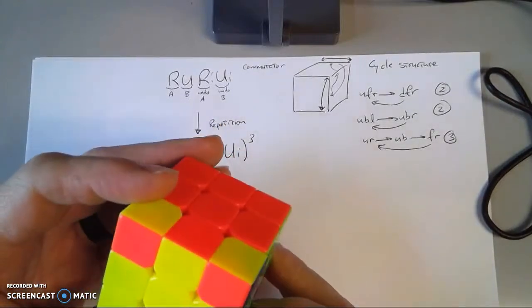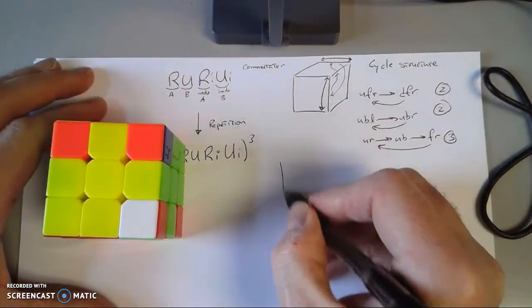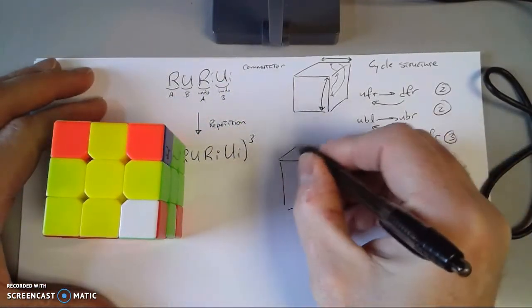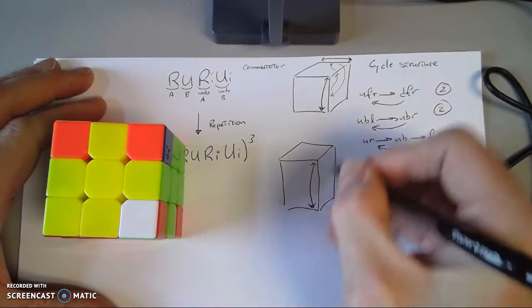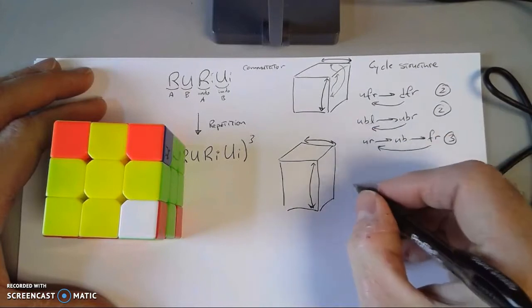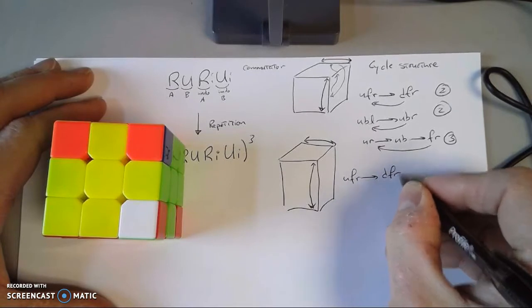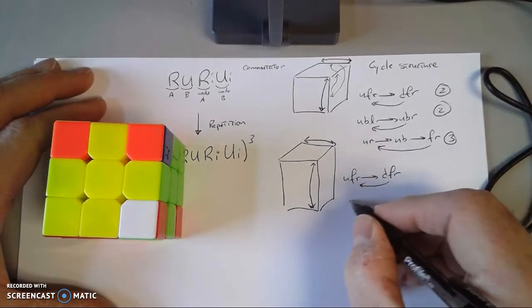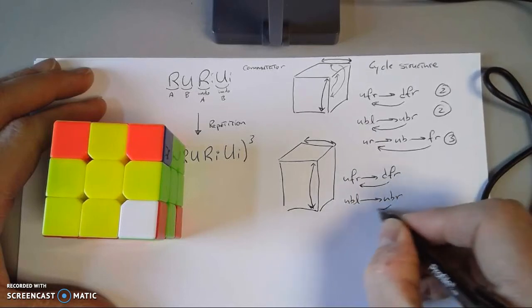Notice that the edges are all back. We just have a pair of 2-cycles on the corners, right? So we just have something like this. We have up, front, down, front, and then we have up, back, left, going to up, back, right.